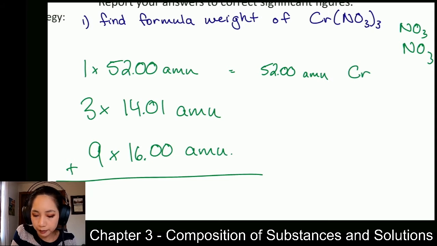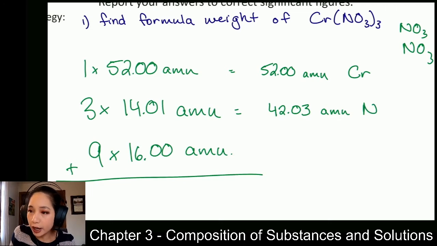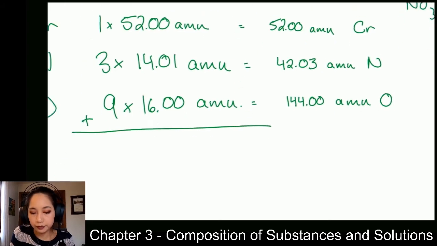This is for chromium. And then if we do the same thing for all of the nitrogens, that is equal to 42.03 AMU. That's how much all of the nitrogens weigh. And we do oxygen, which is 144.00 AMU. That's all the oxygen. All right?